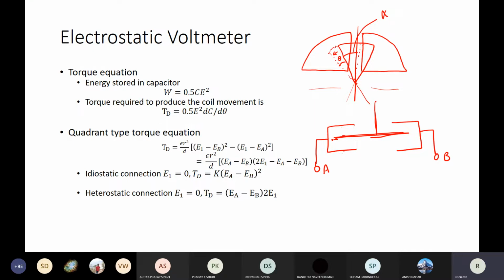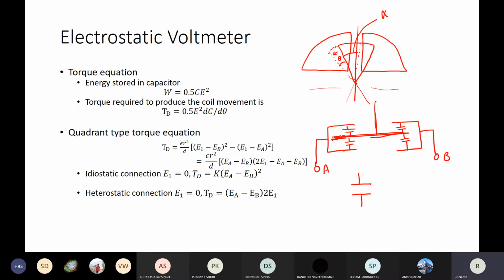Now if you look at this arrangement, this is like two plates at different potentials, isn't it? Two plates at different potentials. So you can see that this is one capacitance, this is another capacitance, right? And this is one capacitance, this is the other capacitance.